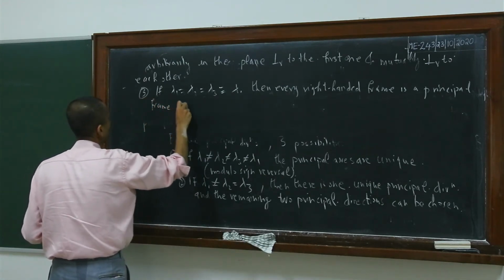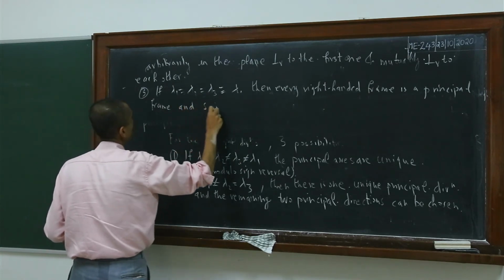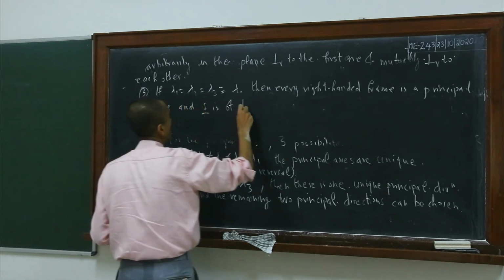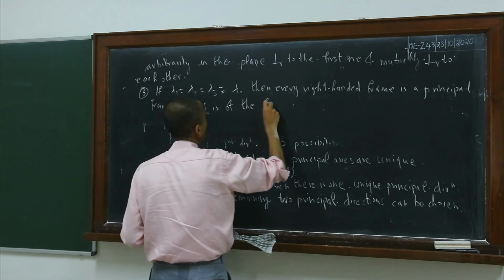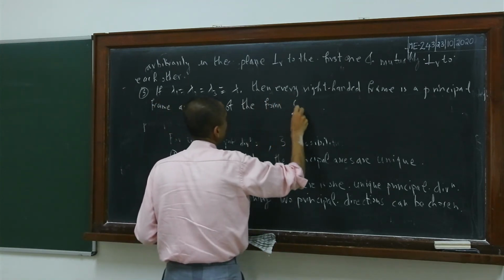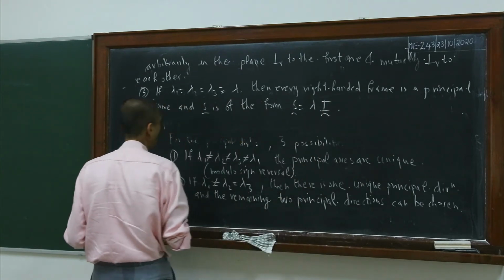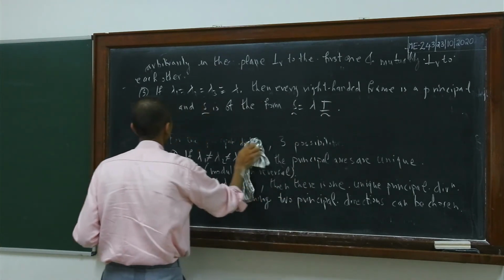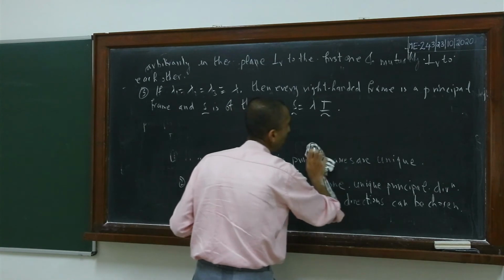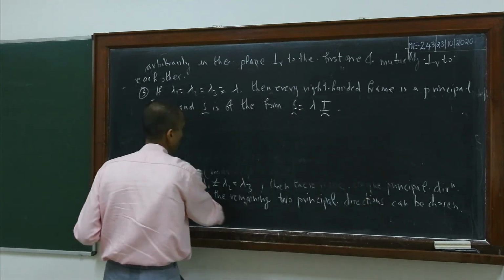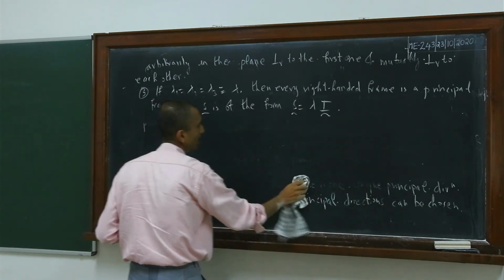And S is of the form S equal to lambda times identity. In all these three cases the components of S with respect to this principal frame form a diagonal matrix.